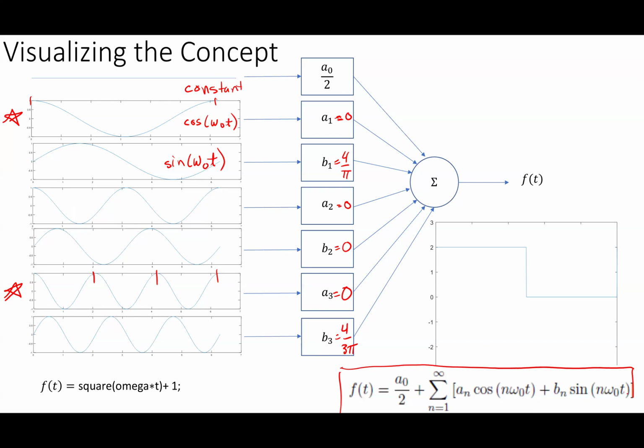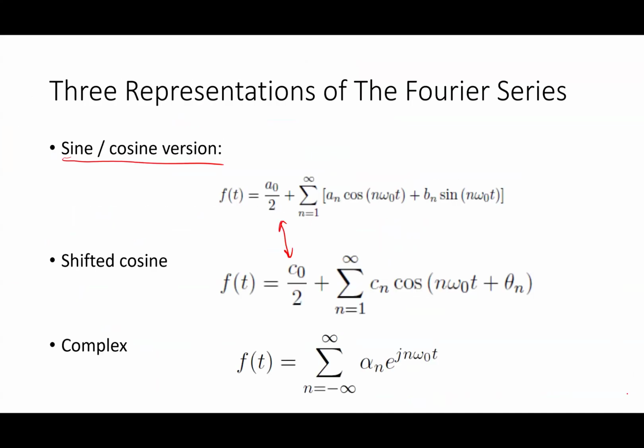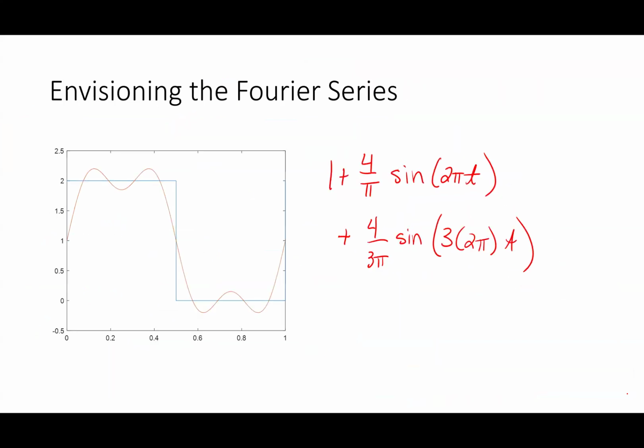Okay. All right. So why are A2 and B2 equal to 0? I didn't have any second harmonic.